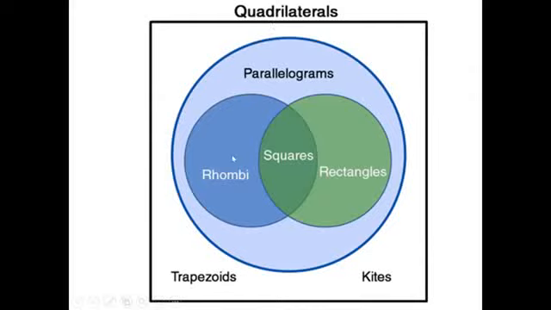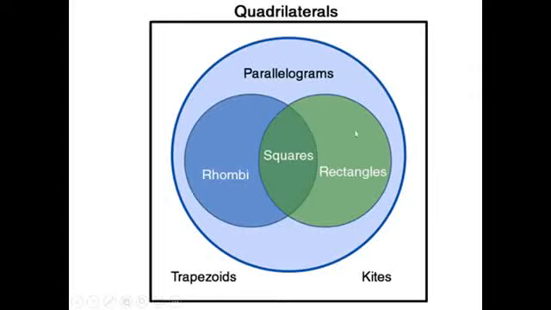Does it mean that the rhombus, the square and the rectangle, they are all also parallelograms? Yes, because of those four characteristics. All four of these shapes share the same characteristics, namely opposite sides are equal and parallel, opposite angles are equal, and the diagonals bisect each other. Is a square a special rhombus? Yes, because the square has one extra property, namely all the angles are 90 degrees.